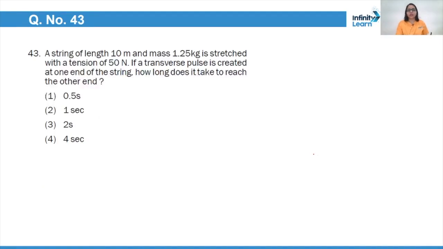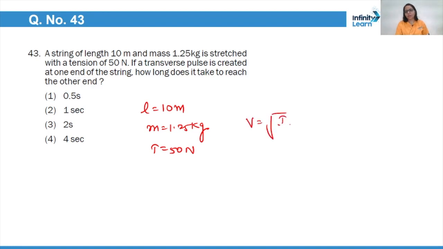Question number 43. The length of the string is 10 meter, mass is 1.25 kilogram and tension is 50 Newton. If a transverse pulse is created at one end of the string, how long does it take to reach the other end? So velocity is under root T upon mu of this pulse, right?